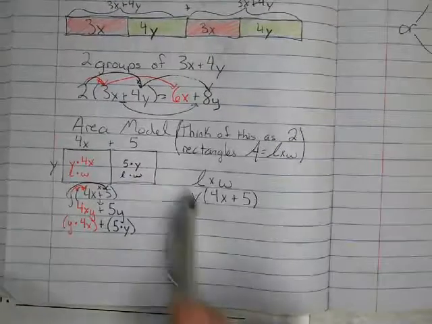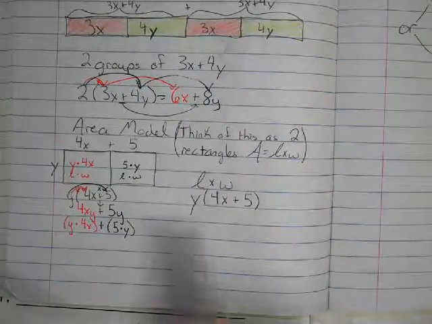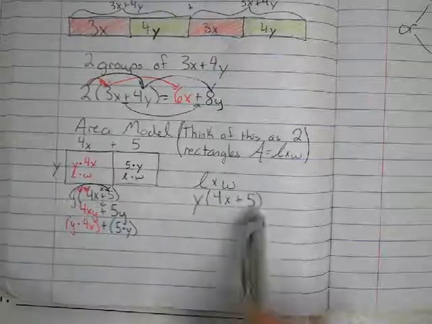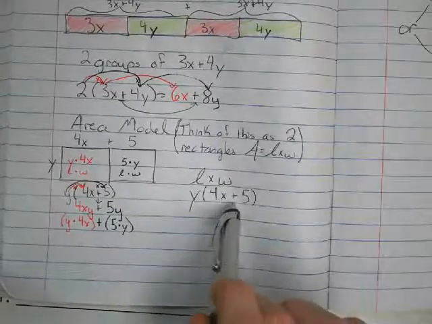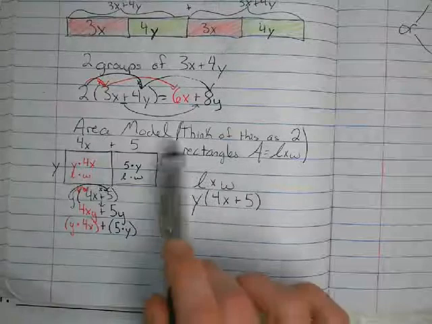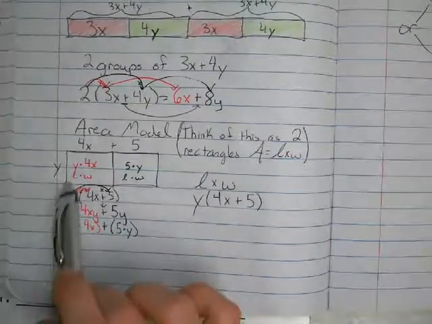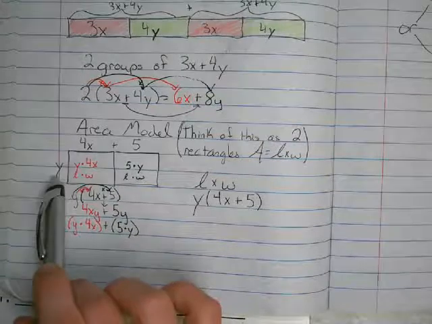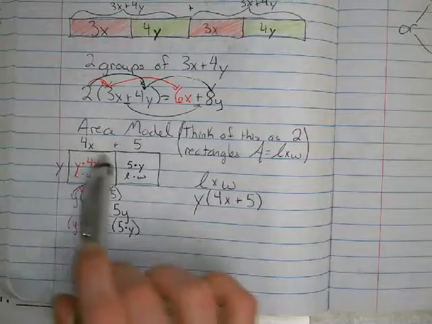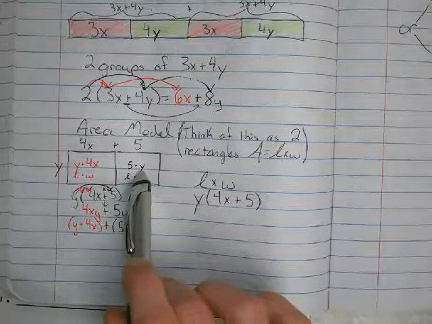So your term on the outside goes as your width or your length, and then your width is inside your parentheses. And so what you do then is that you distribute, you look at this as if it's a rectangle. And so this rectangle has y and 4x, so length times width would be y times 4x, which is what I wrote here. And then we have an addition sign, and then we're going to do this rectangle as well.